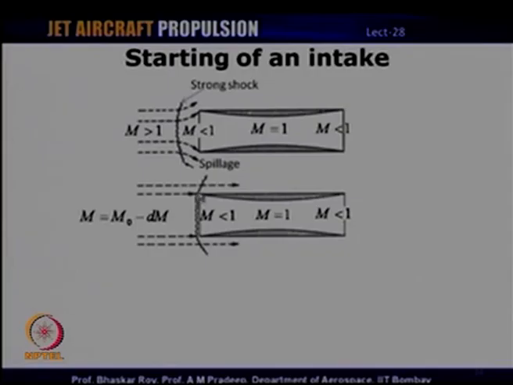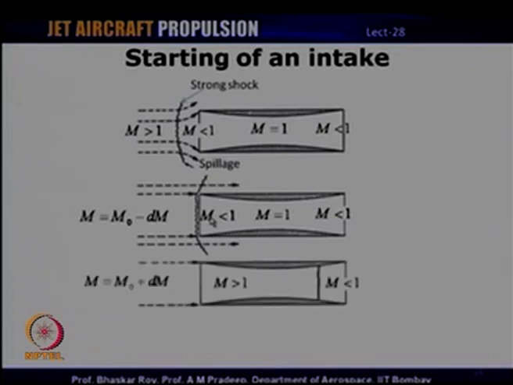So, this shock is now attached right here at the leading edge. Downstream of that, the flow is subsonic, it reaches sonic speeds at the throat and then is subsonic again. This is again not desirable. The spillage is minimal, there is no spillage here, because you can see the capture area is exactly equal to the intake entry area. But the stagnation pressure losses still persist in this case.